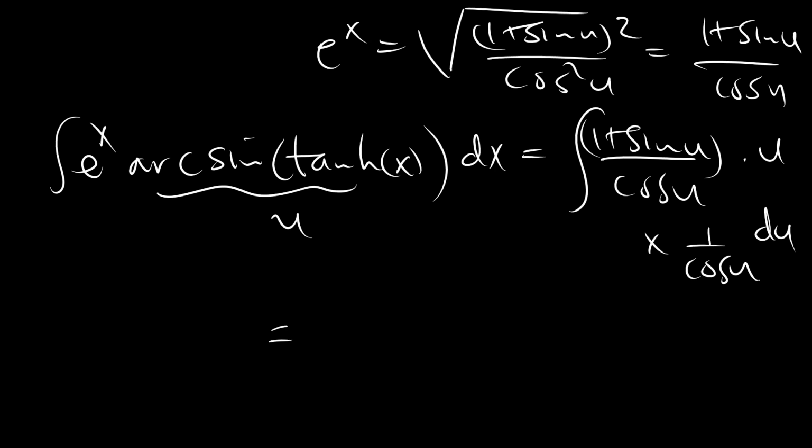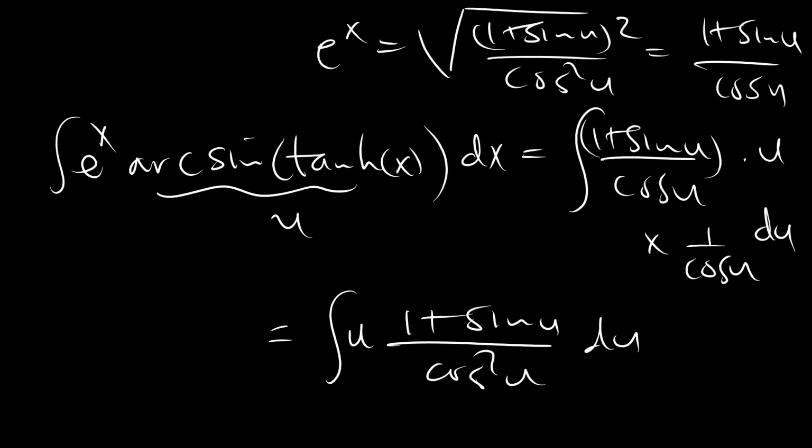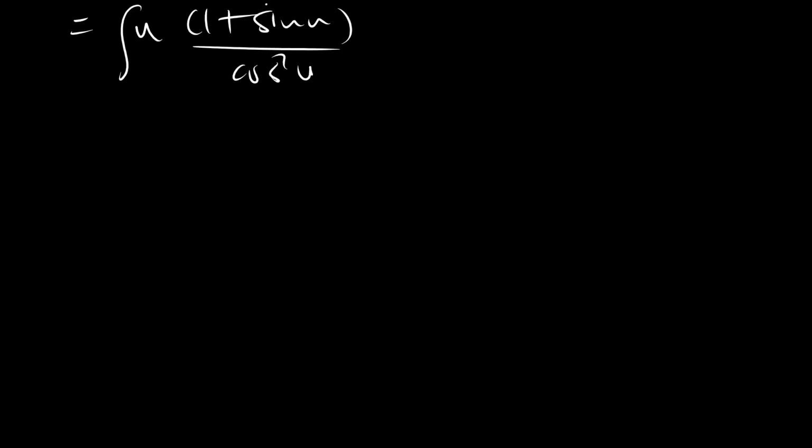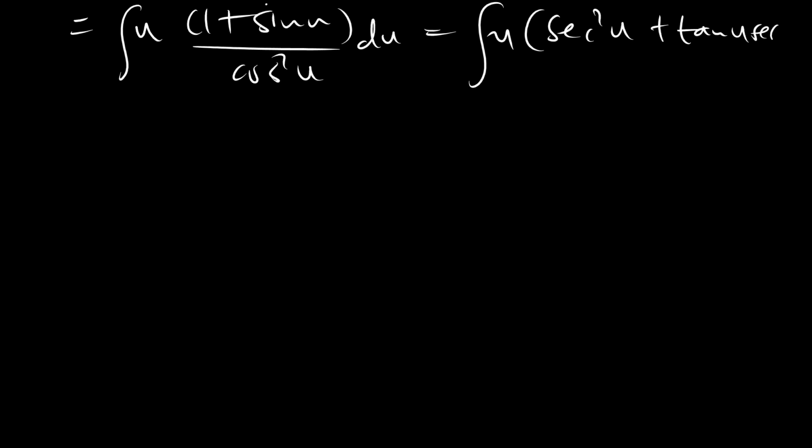So this becomes u times (1 plus sine of u) over cosine squared of u du. So our problem now has brought us to, which is equal to u in brackets, sec squared u plus tangent of u sec of u du.